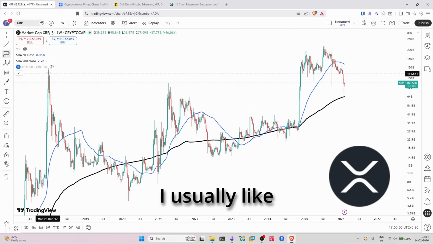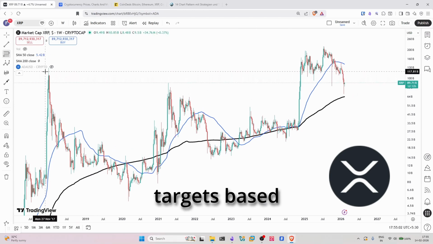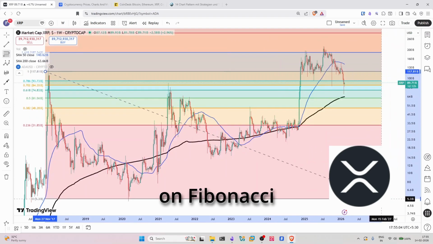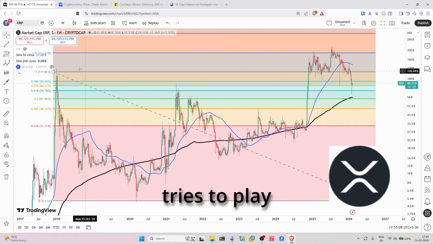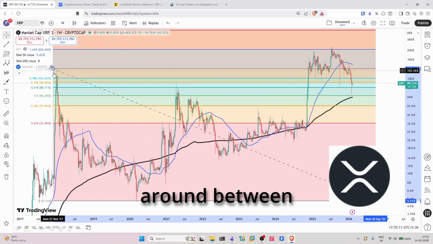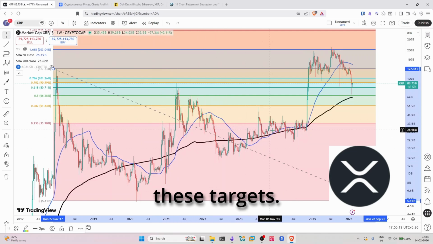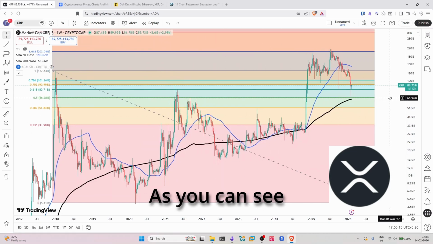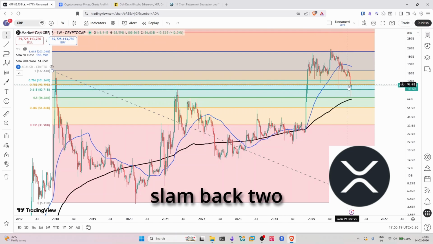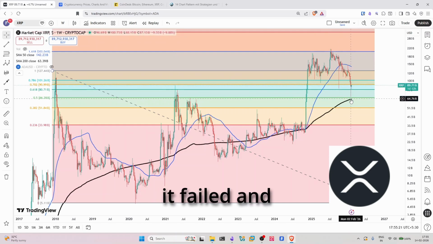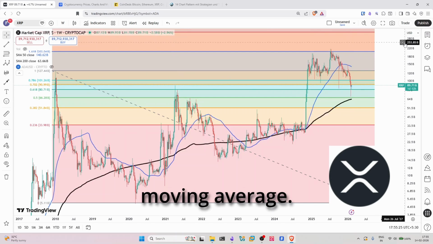I usually like to see price targets based on Fibonacci retracements, as XRP usually tries to play around between these targets. As you can see, this is a greater resistance. It tried to slam back two times, and the third time it failed and it tried to take support on the 200 days moving average.